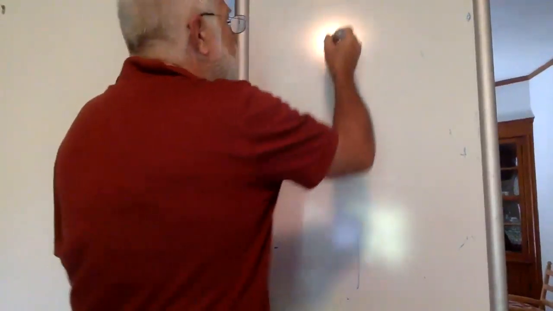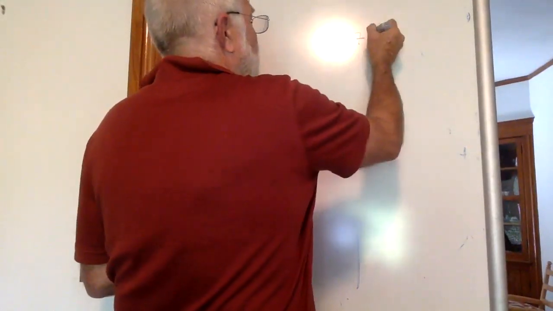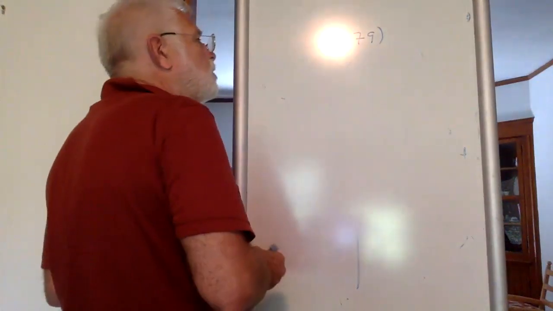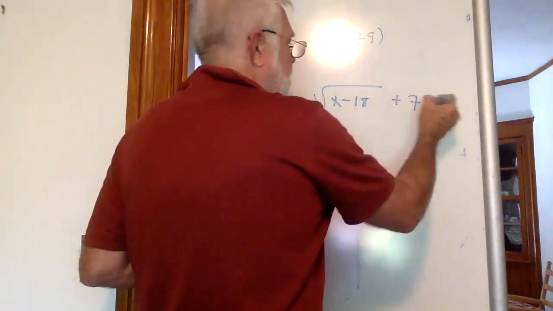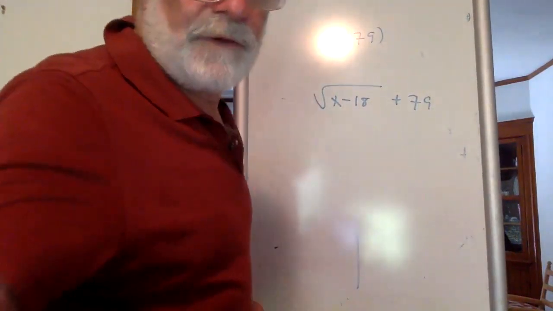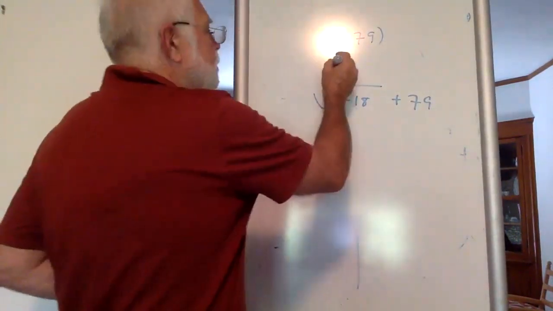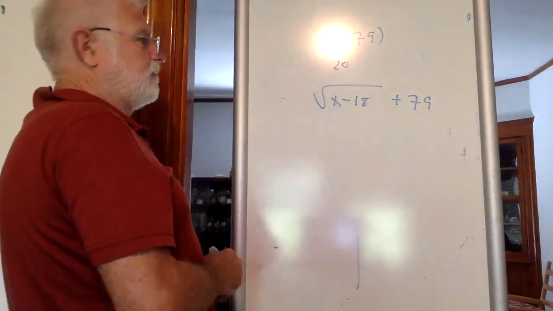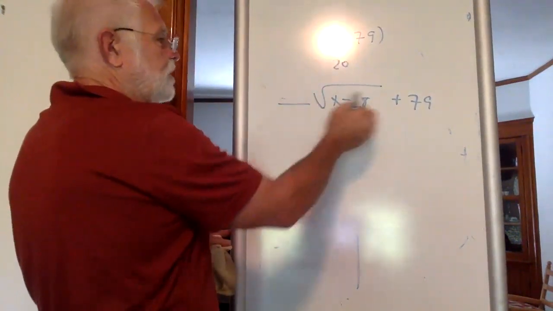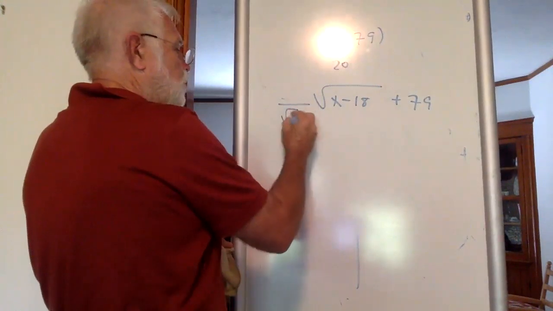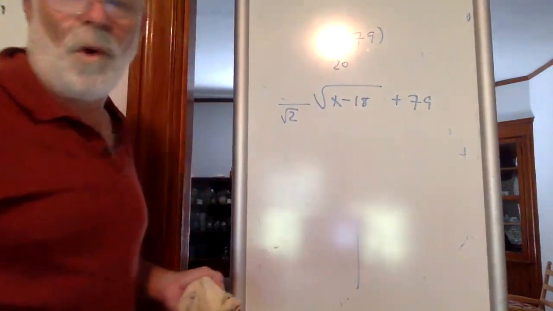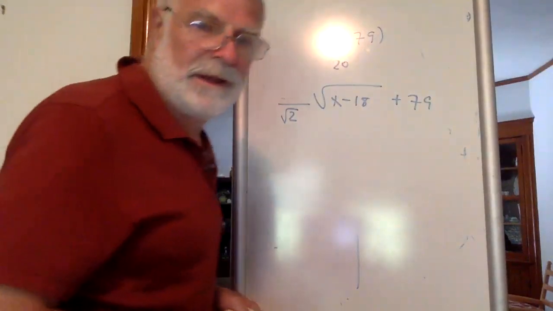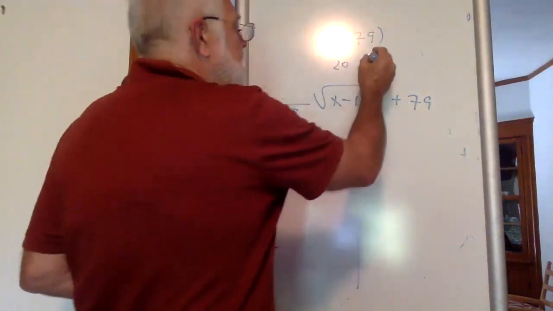Square root function, 18, 79. So that's the endpoint, 18, 79 for square root. So we got the square root of x minus 18 plus 79. And we're going to go to an x value of 20. It looks like we have changed this number by root 2, and we don't want to change it by root 2 because we're trying to get to 15.